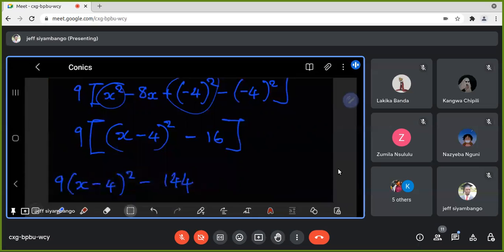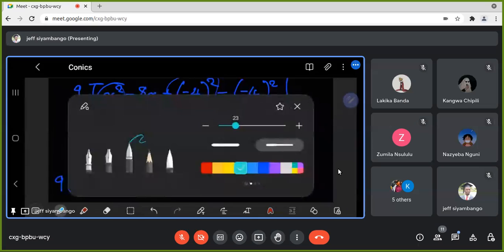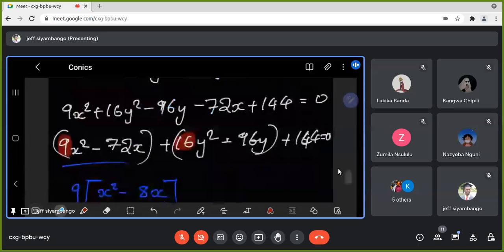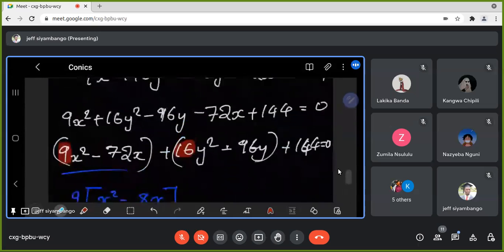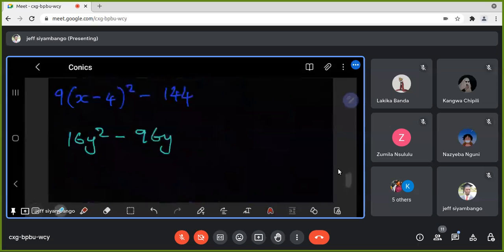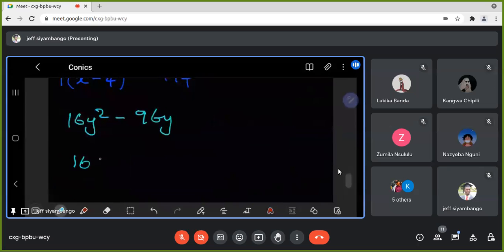Now I have to do the same thing for the second term. For the second term, we have 16y squared minus 96y. Again, I want to ensure that y squared remains with the coefficient 1.